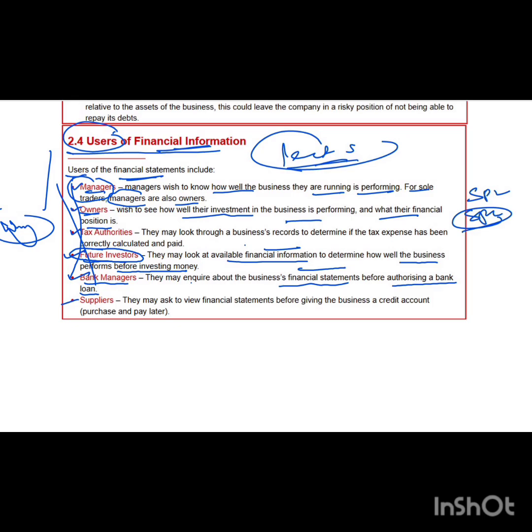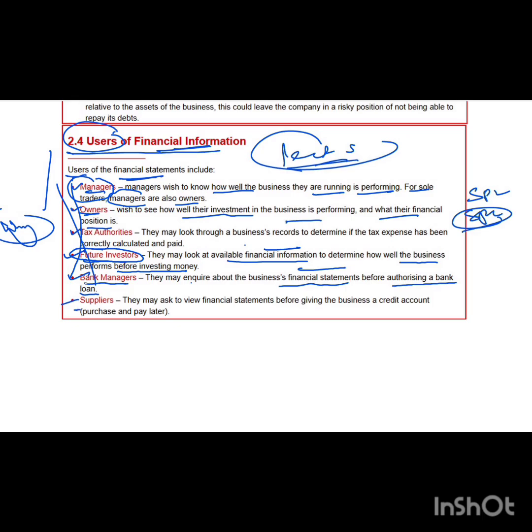For example, a bank manager looks at the financial statements before approving a loan for expansion. Before approving that loan, they first check your financial statements, and from them they look at your financial position, your cash flow, your profit and loss, and other things like that. After they are satisfied, they give you the loan.